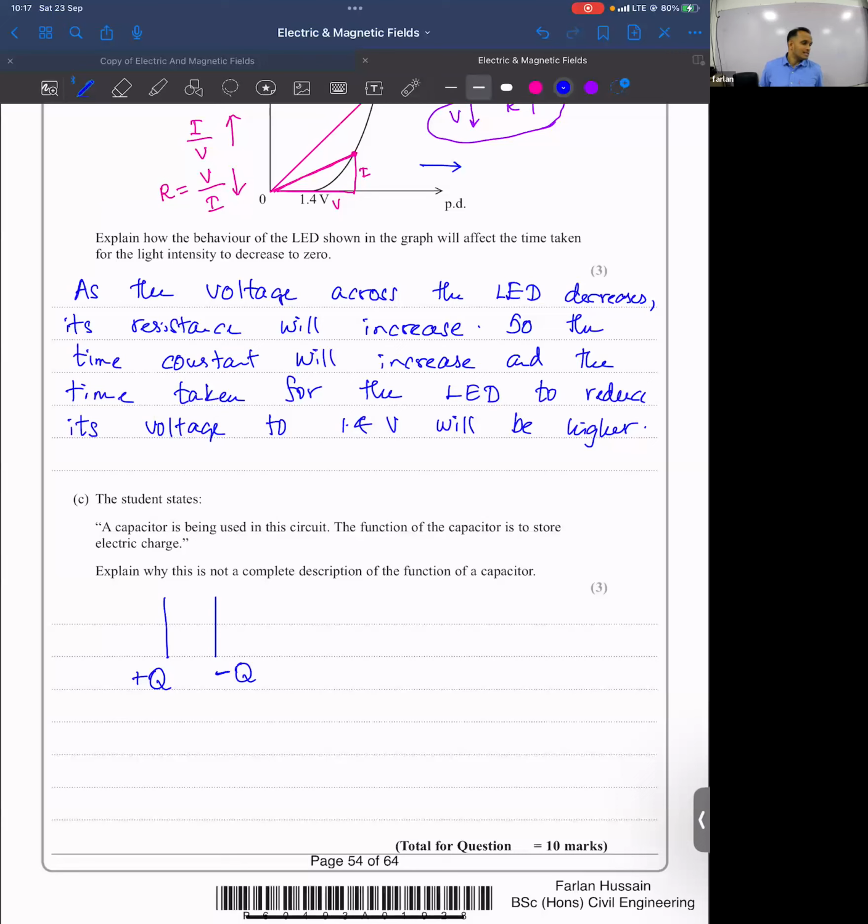A capacitor separates the charge. So it stores electrical energy.